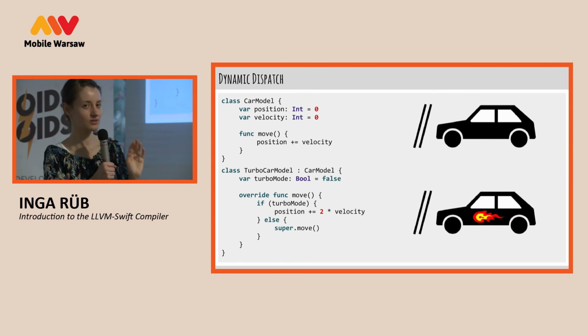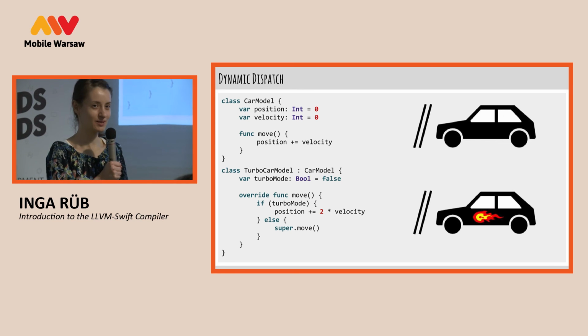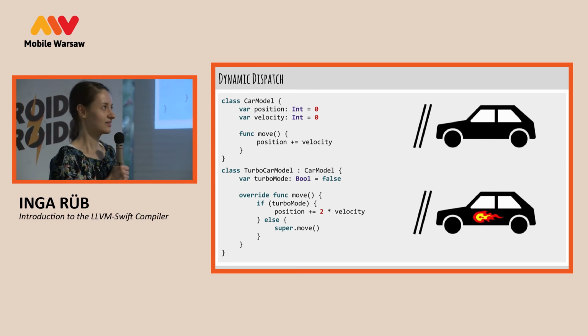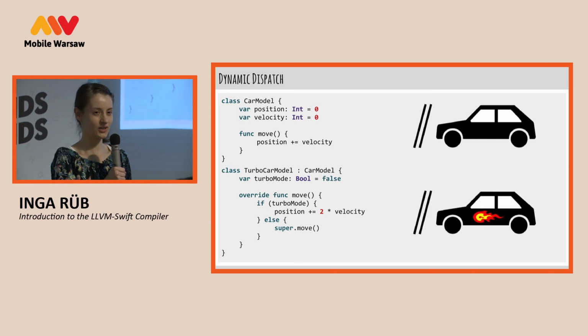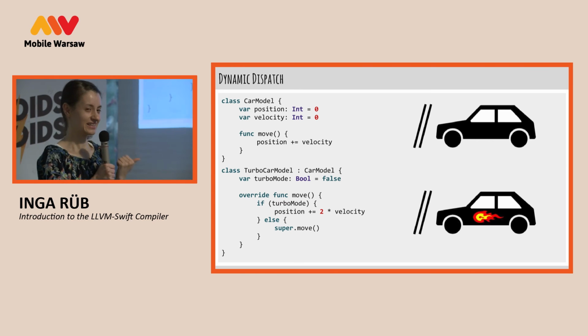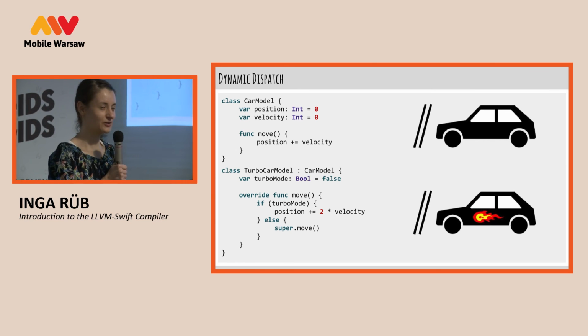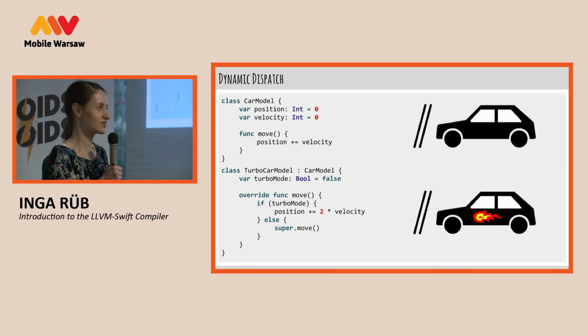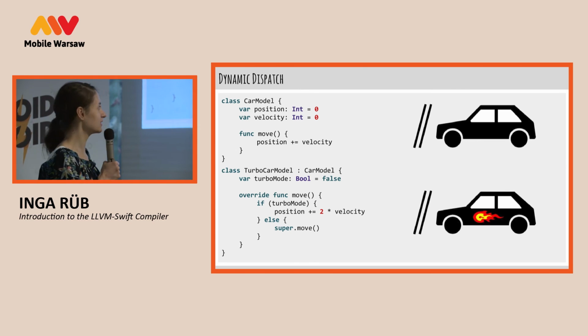I simply want to tell you the conclusion because I promised you to give you some tips on how to optimize the code. I'll put the slides on the website so that you can analyze, you can see the SIL code generated, you can learn how to read SIL, and you can find the reasons for which some optimizations just don't work if you modify your code a little bit.